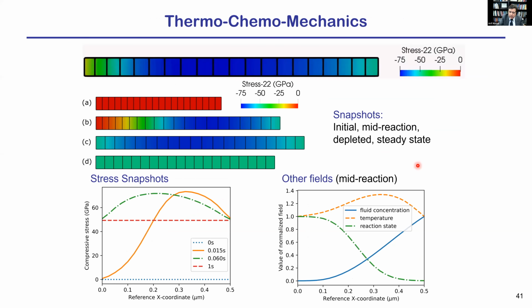Here is this case of thermochemomechanical process, material completely untransformed, and chemical reaction takes place, high temperature, and at this stage, it is completely transformed. So untransformed material is here. We are looking at compressive stresses. This is one of the interior points where reaction has gone up to this particular point.